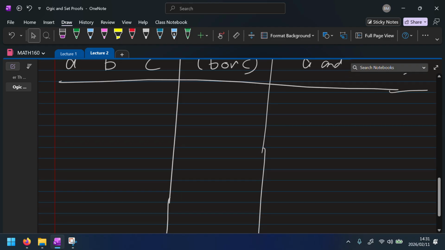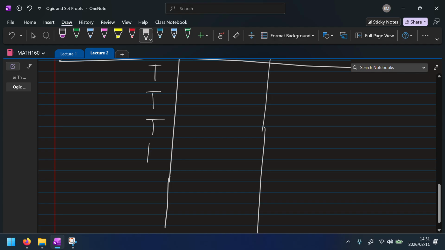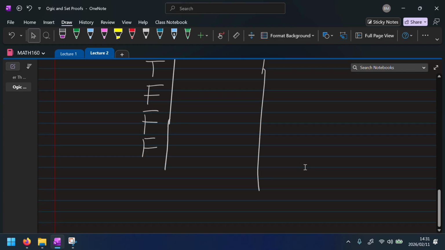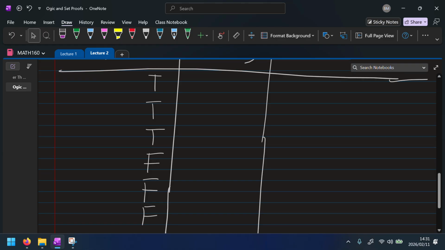Okay, so here it's going to be a little bit more complicated because we've got three things. Sorry, there's a nicer way to do this.